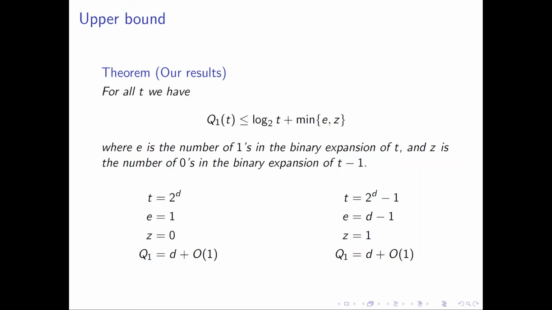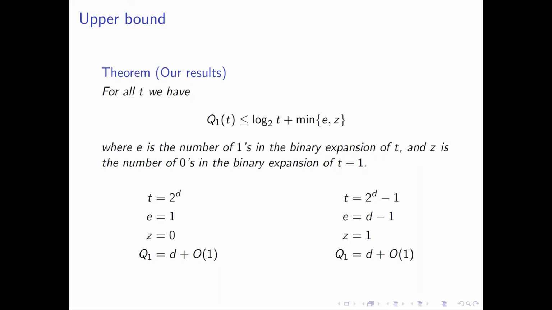And in fact, it was known well before our paper, but the main technical contribution of our paper can be shown in the case when T is 2 to the D minus 1, so its binary expansion consists only of ones.